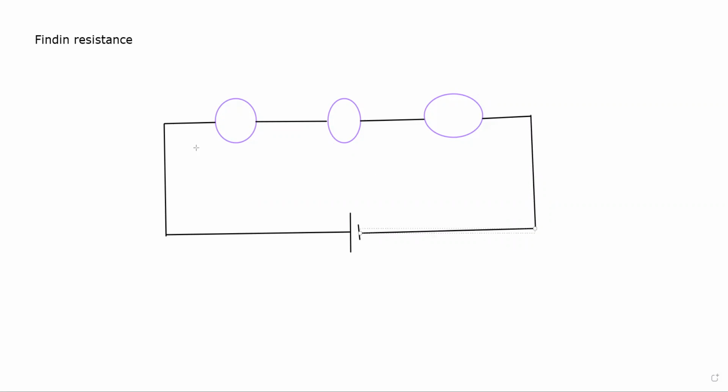So 3 lamps are there which are connected in series. L1, L2, and L3 are the lamps.